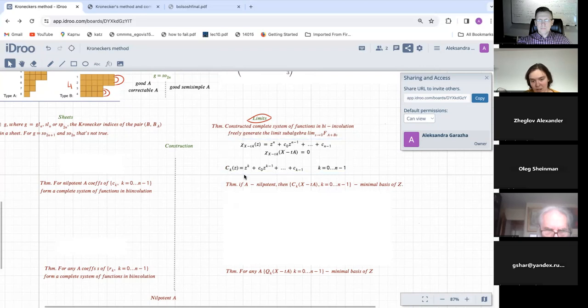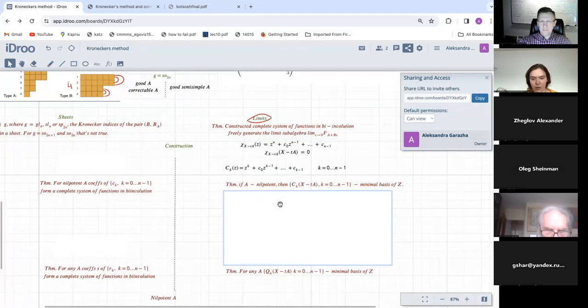I just took a few coefficients, and if I put my element X minus tA as a variable here, I will obviously not obtain 0, but I will obtain elements that are a minimal basis of the module z. So that was the first result. It works only for nilpotent elements.